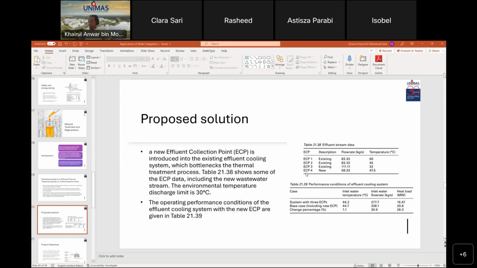So the new one is ECP4, flow rate 58.33, temperature around 48 degrees C. The environmental temperature discharge limit is 30. The operating performance condition of the effluent cooling system with the new ECP is given in table 21.39.